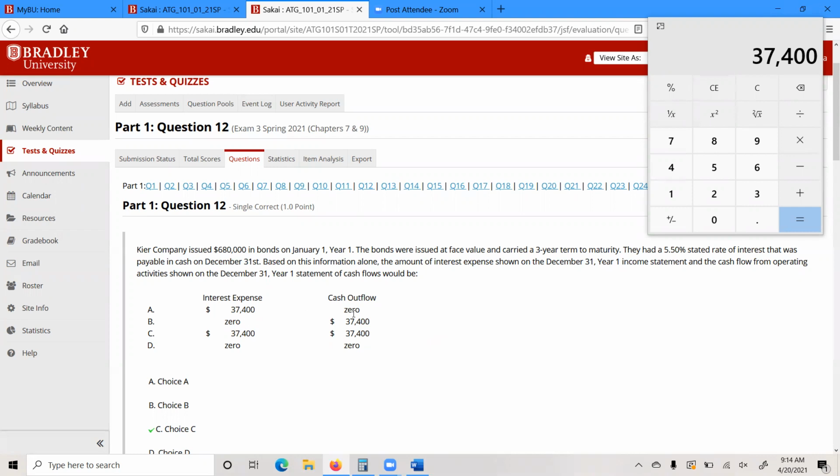And there wouldn't have been any lapse in payment of interest, because as the end of the first line, beginning of the second line says, interest was payable in cash December 31st each year. So that's why the solution is C and not A, because we would have had cash outflow from interest expense per the first and second line of the problem.